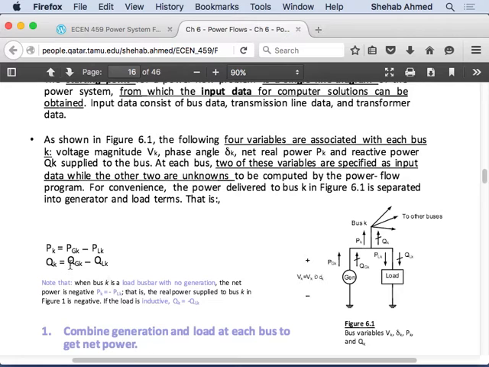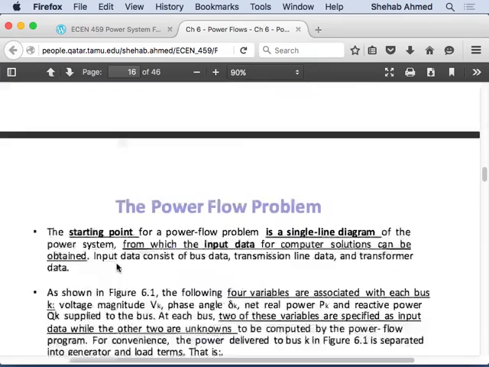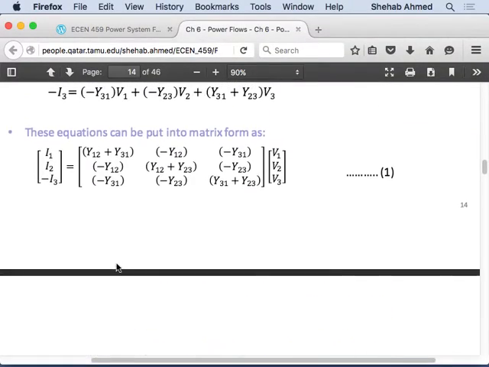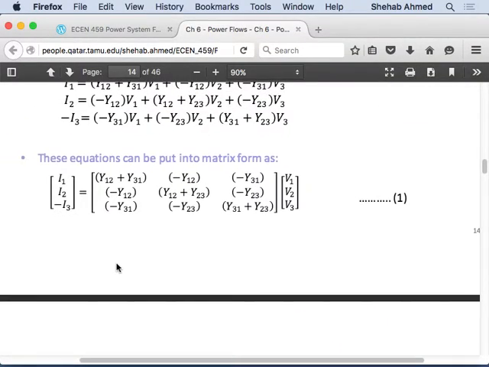At every bus, you need to look at the specific power at the bus, PK. It's going to be the difference between whatever's generated and whatever load power is at that bus. And that will be your P and Q at that specific bus, right? You equate that P and Q with your equation for complex power. The equation for complex power is S equals V times I conjugate, right?